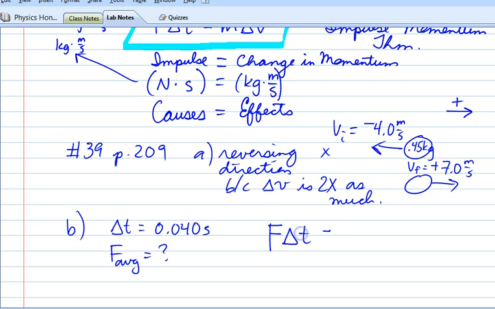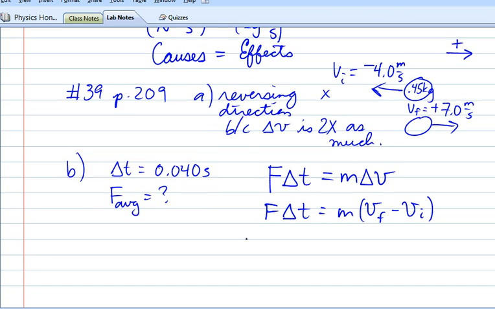F delta t is equal to m delta v, and we remember that delta v is actually v final minus v initial. So F is what we want, time is 0.040 seconds, mass is 0.45 kilograms, and now here's the tricky part.